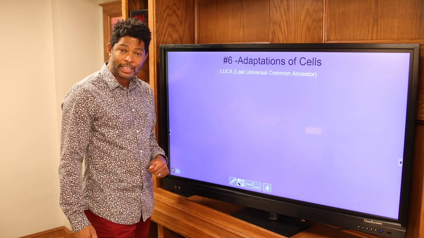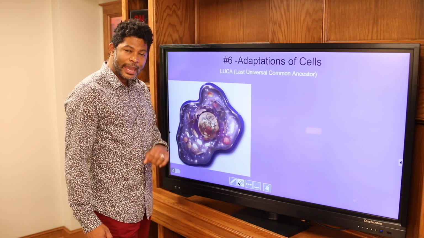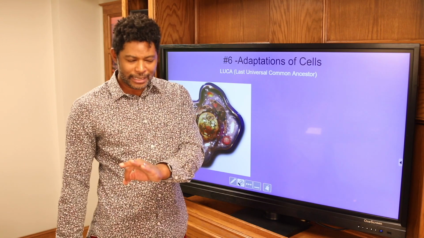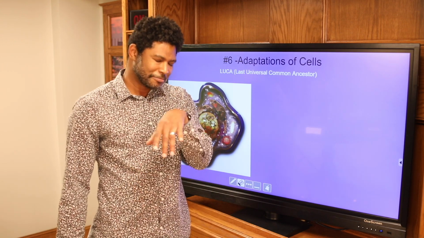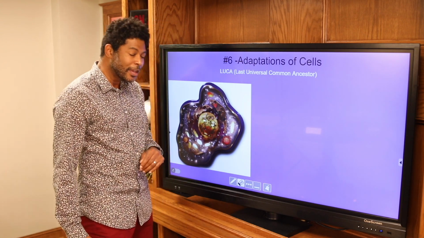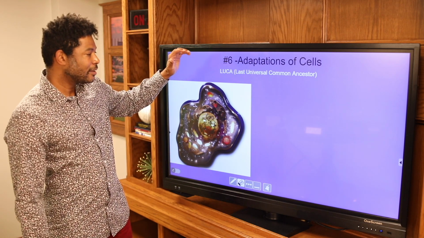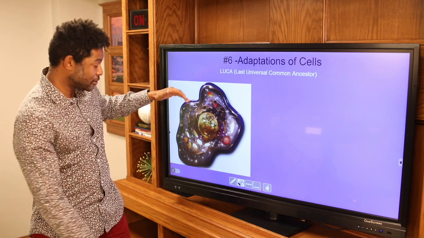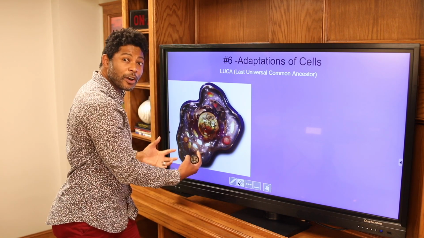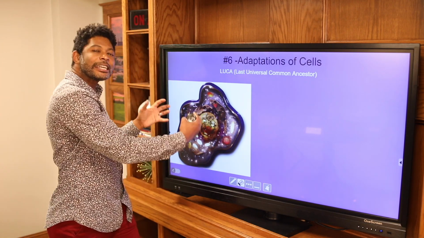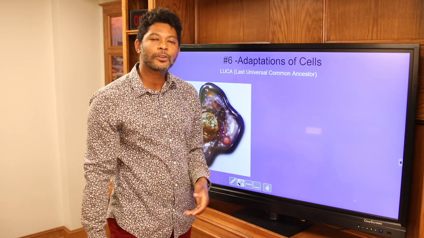And then adaptation, okay? And so when we talk about adaptation, and I know it looks like I have another 6, but forgive me. We're talking about how the last universal common ancestor, meaning this is the cell that all other cells came from, actually adapted to become other organisms.